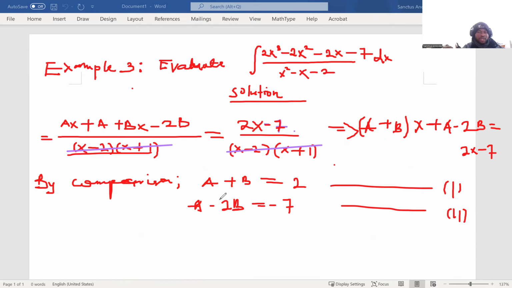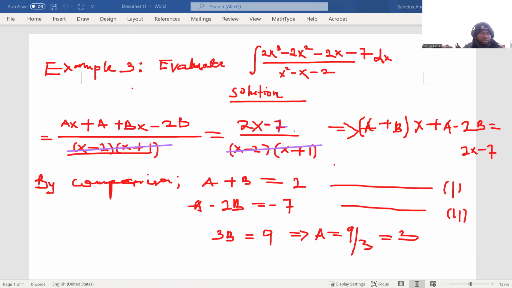B minus minus 2B, 3B, equal to 2 minus minus 7, that is 9. So this implies that B is equal to 9 over 3, which is 3.